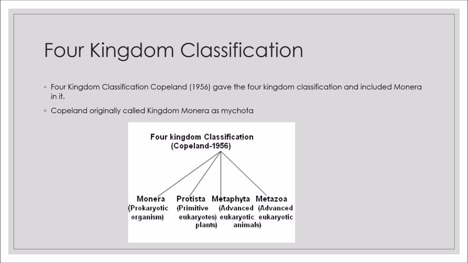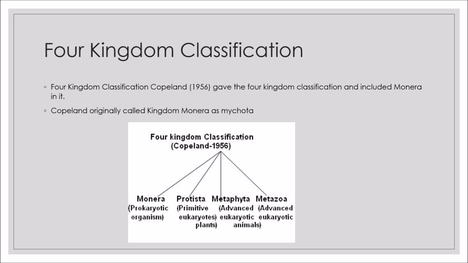Under Protista, he put the primitive eukaryotic plants, plants that have had some primitive characters for many years and have the same characteristics till now, those which are not advanced. Eukaryotic means they have well developed cell organelles. Those plants were put under Protista.